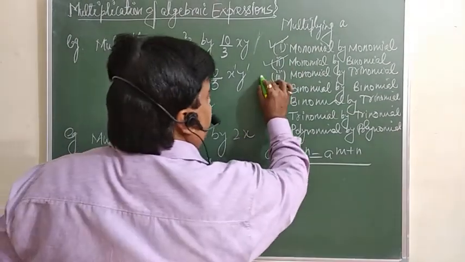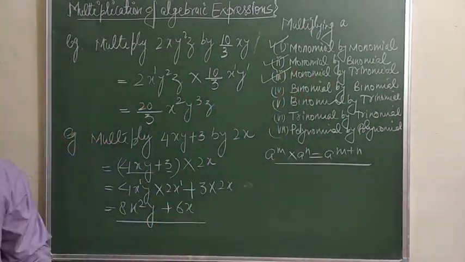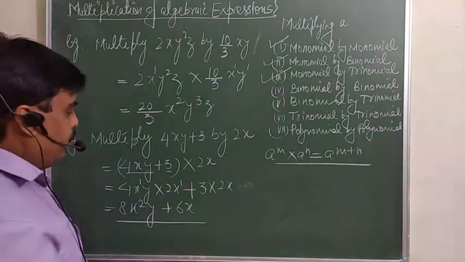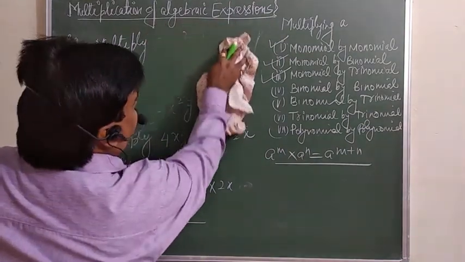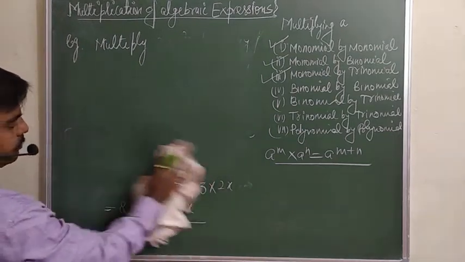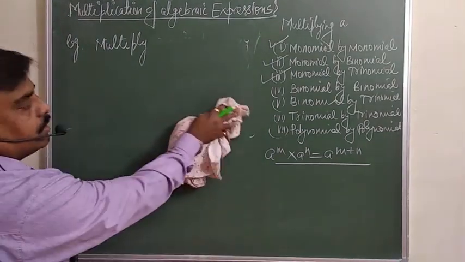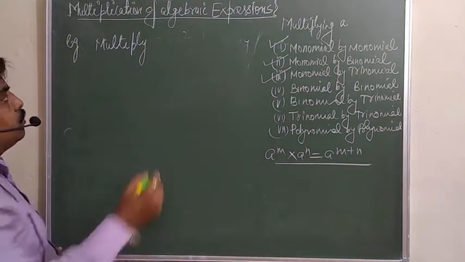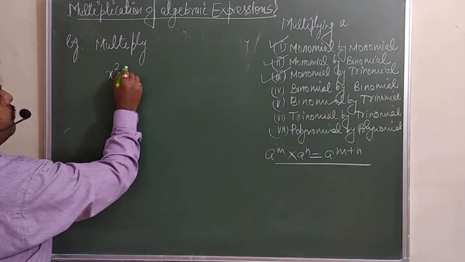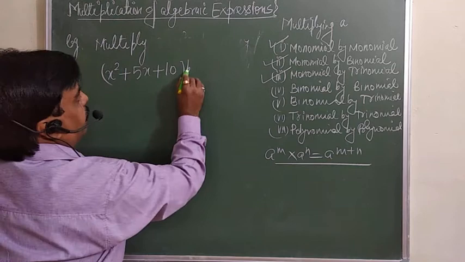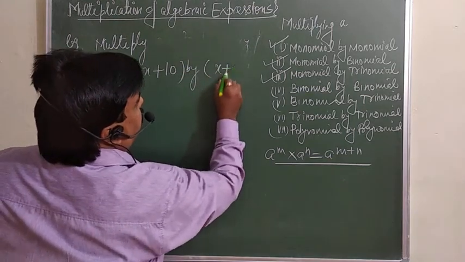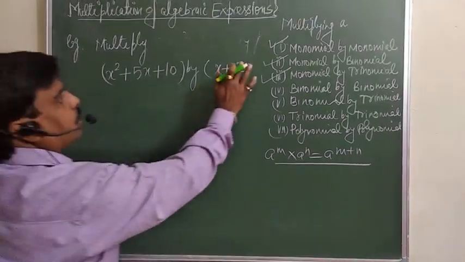Third, you have to multiply a trinomial by a binomial. Look here, we can take an example. Suppose we multiply x square plus 5x plus 10 by x plus 2.